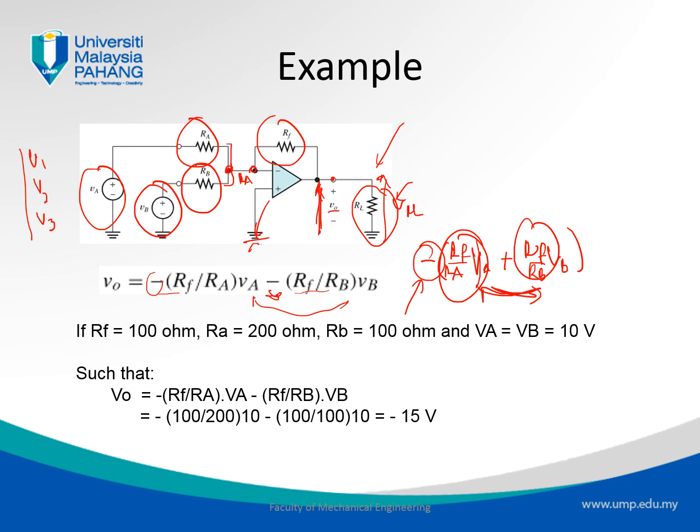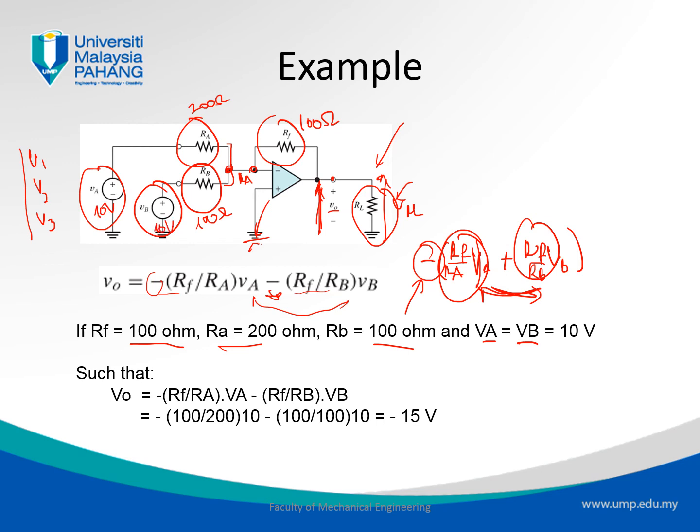So here is an example of application. Imagine we have RF equal to 100 ohm, RA 200 ohm, and RB 100 ohm, and we have VA equal to VB, both of them 10 volts, right?